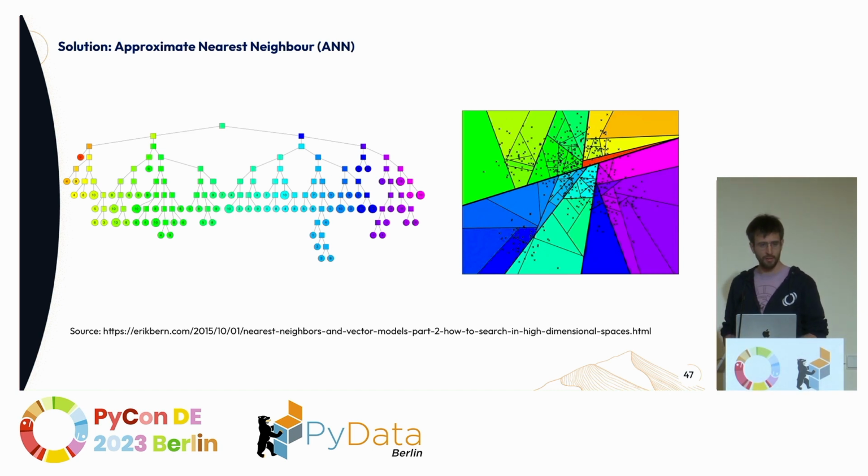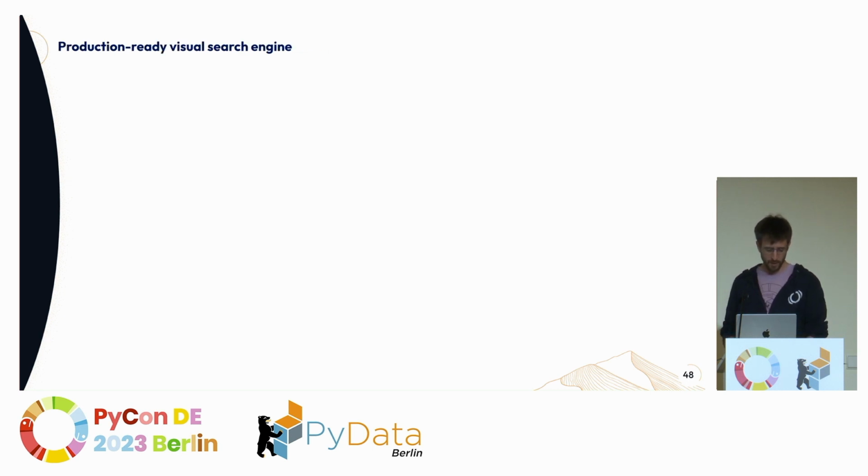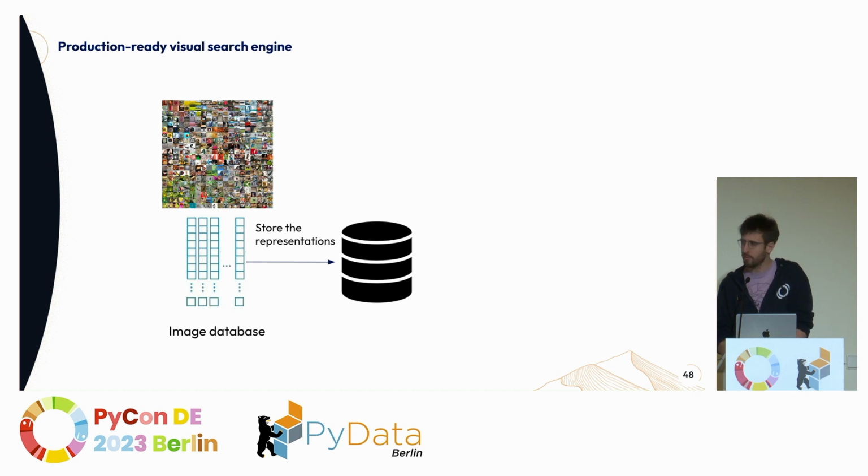And when you have a query representation, you simply go down in the tree and you find the nearest neighbor very fast.